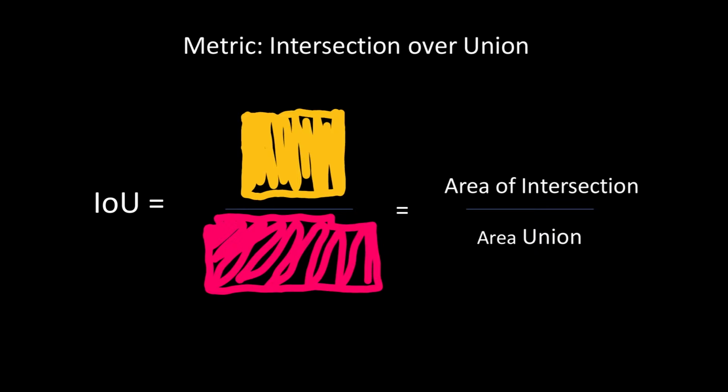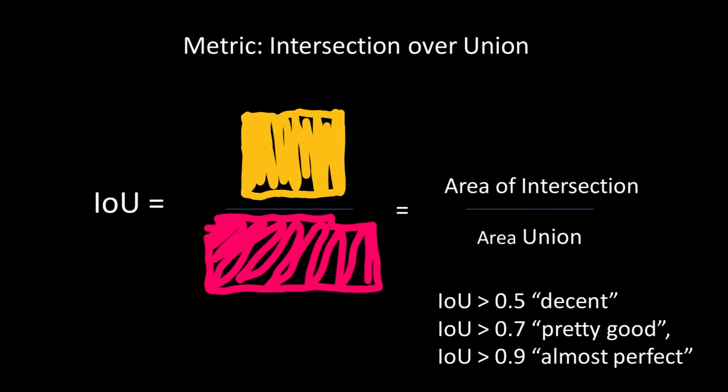What we're going to get from this is a value between 0 and 1, indicating how good the bounding box prediction is. For example, if you have an IOU score of 1, that means the prediction box was absolutely perfect. And if we have an IOU of 0, that means there was no intersection between those two bounding boxes.